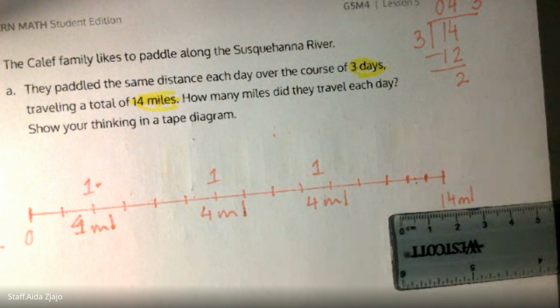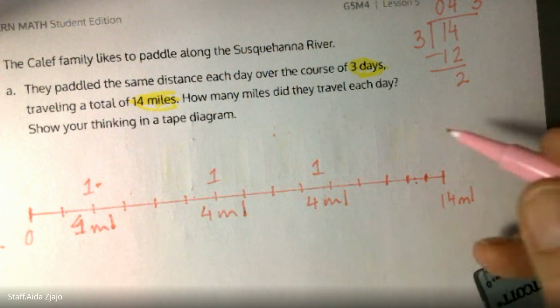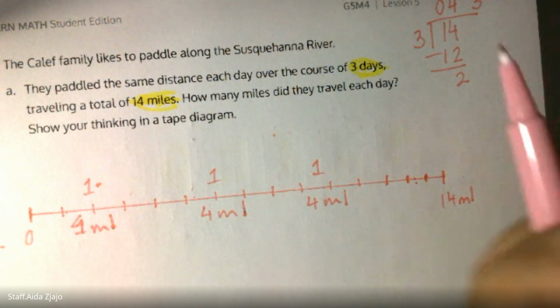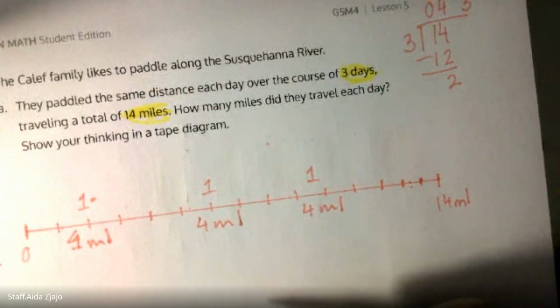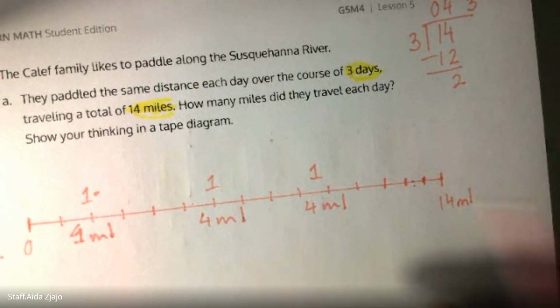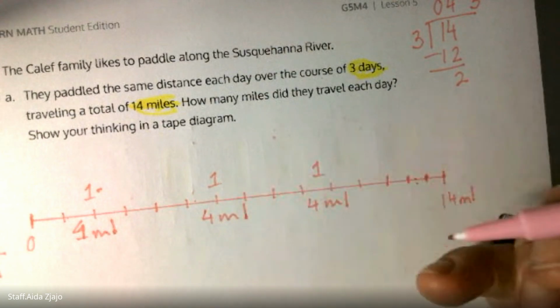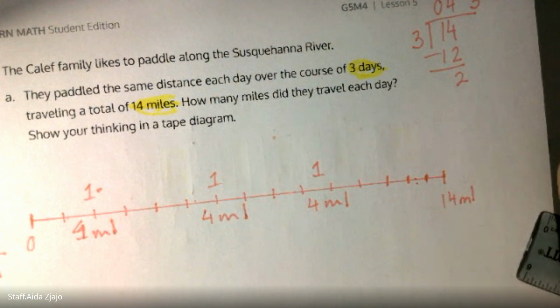So 2/3 is like 3.66%. So 3.66. Okay, 3/14. 3/14, 3 out of 14 pieces.